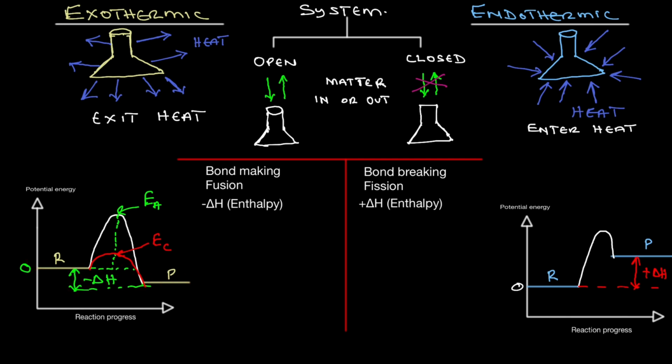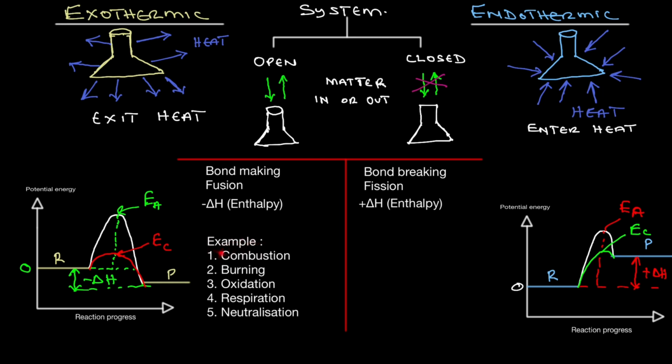The distance from the reactant to the top of the reaction curve is called the activation energy, and the activation energy can be lowered by a catalyst, going from there to there, and that height is called activation energy with a catalyst. In both cases, R is the reactant and P is the product.